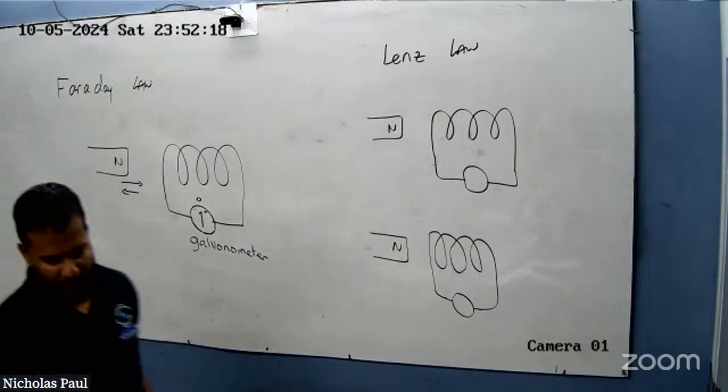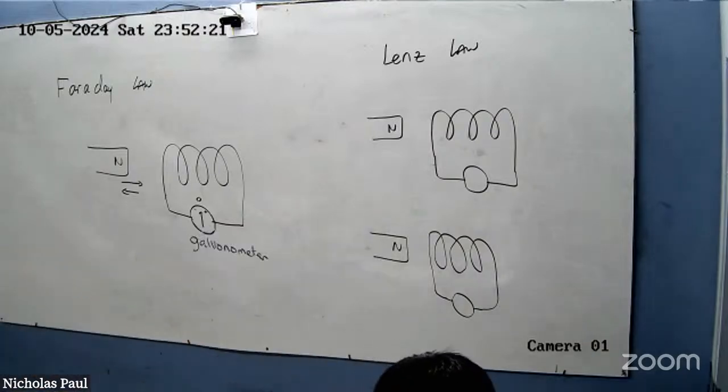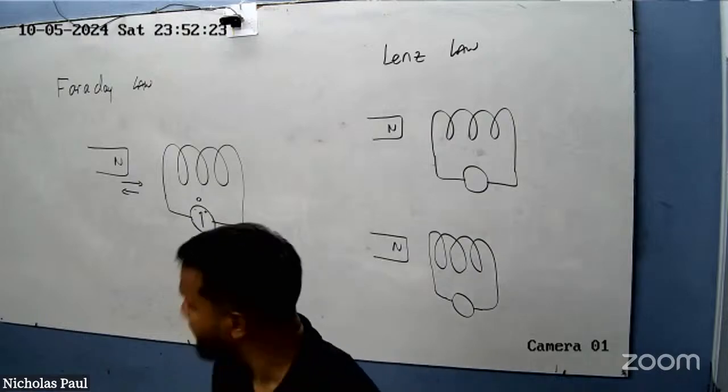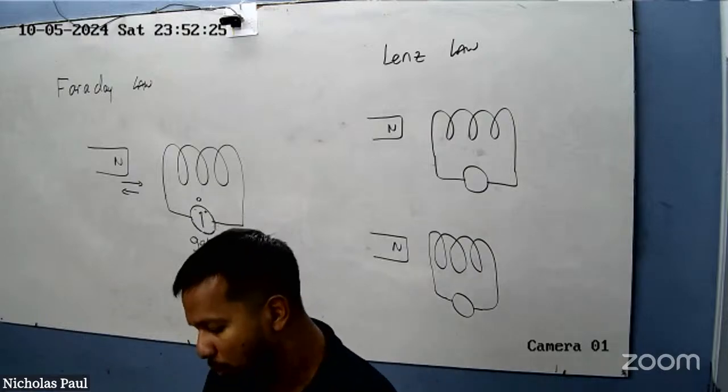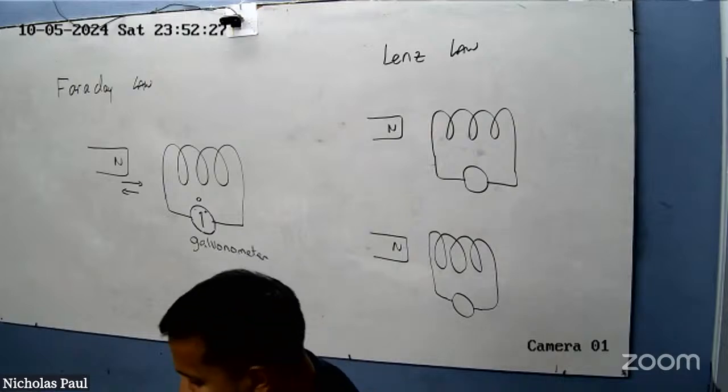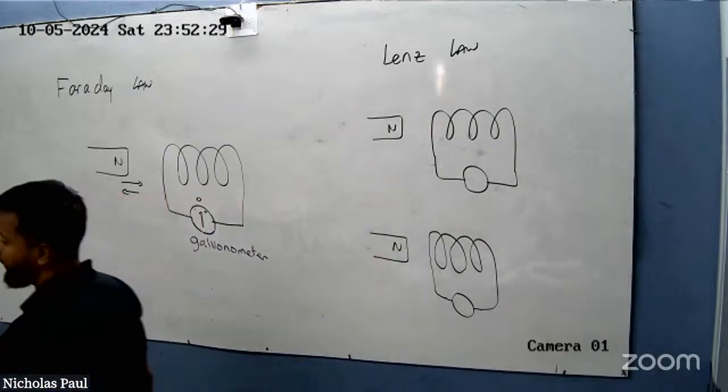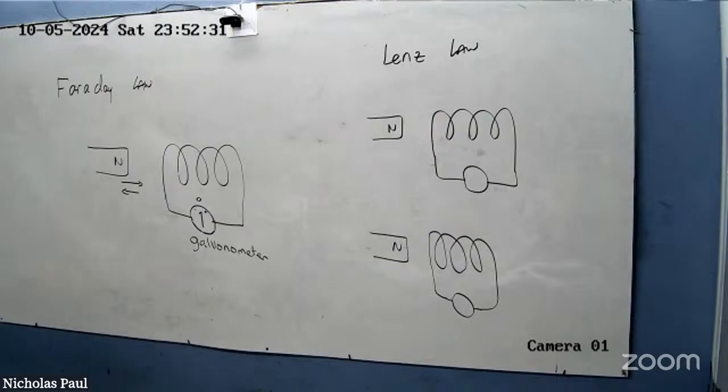All right, ready? So when you finish your diagram, I want to explain how we're going to apply Lenz's law. Lenz observes that the direction of current always opposes motion.